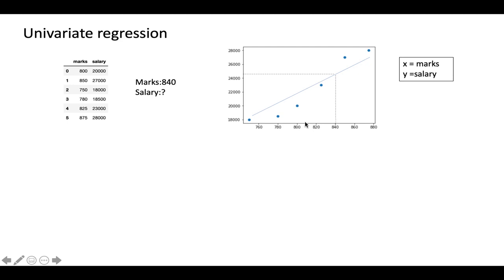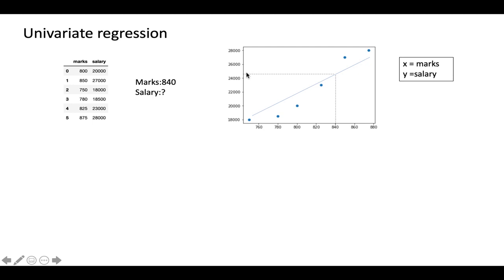And if you see, we could try to draw a line which passes through all these points. And while trying to do that, if we find a reasonable line which almost covers close to each of the points, and we take the 840 and project it on that line, we get somewhere here a salary of a little less than 25,000.